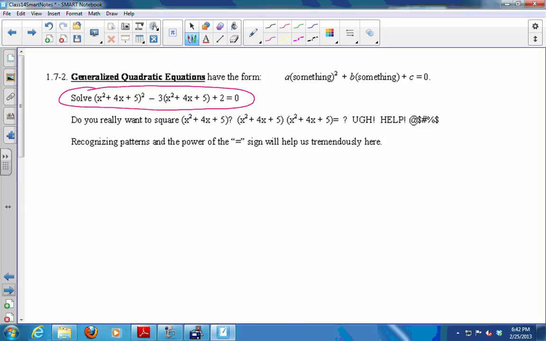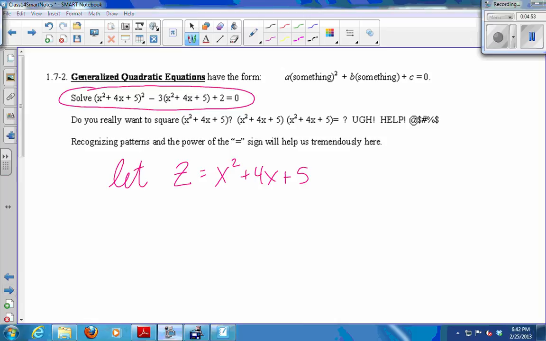So my hint is pick a new variable, not x, maybe z, equal the something. x squared plus 4x plus 5, and finish solving. Okay, so if we're going to let z equal x squared plus 4x plus 5, the stuff that we're squaring and then minus 3 times that same stuff, and plus 2.